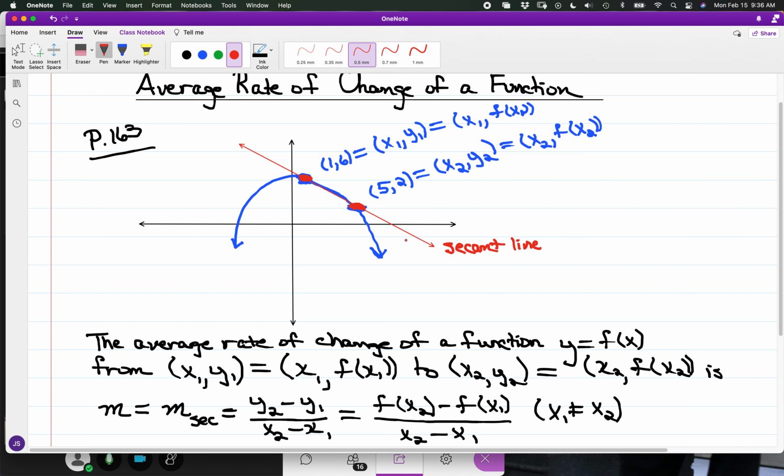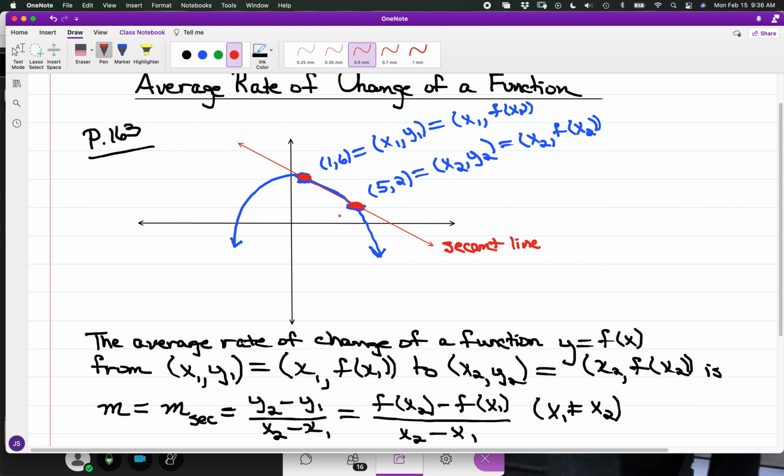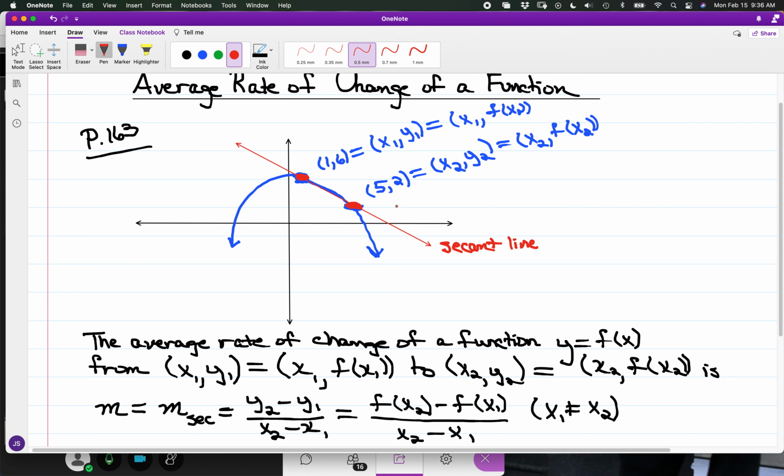In the case of the secant line, you're not looking at the slope of the entire graph in blue, but at the average rate of change of the graph in blue as we go from the points (1, 6) to (5, 2). So we have for the secant line the average rate of change.